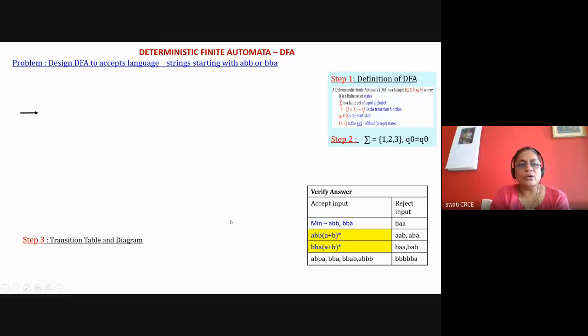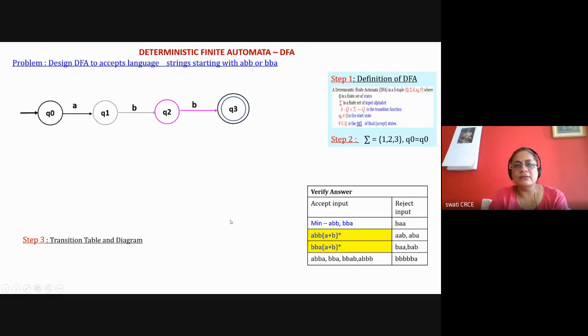So I'll draw the minimum length string A double B and final state. Now with double B A also it will go to the final state.